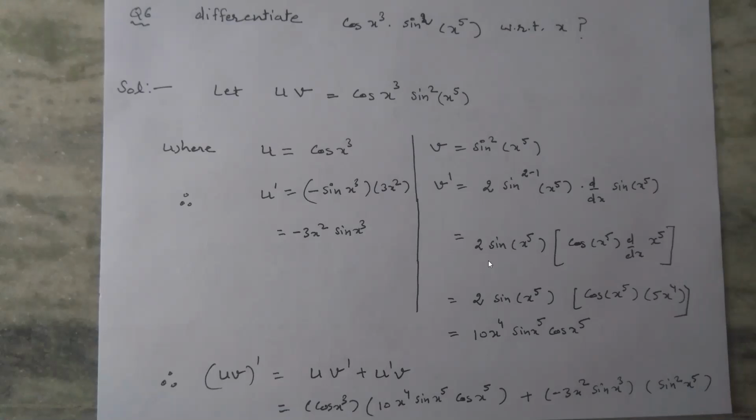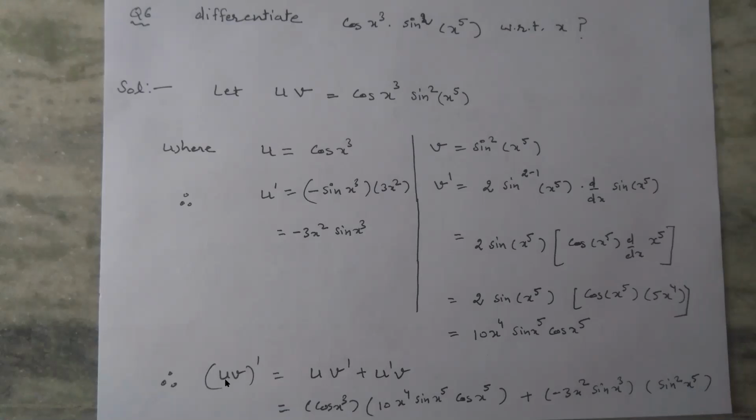So the result is 2 into sine of x raised to power 5 into cos of x raised to power 5 into 5x raised to power 4. So this becomes 5 into 2, 10: 10x raised to power 4 into sine x raised to power 5 into cos x raised to power 5. So this is v dash.